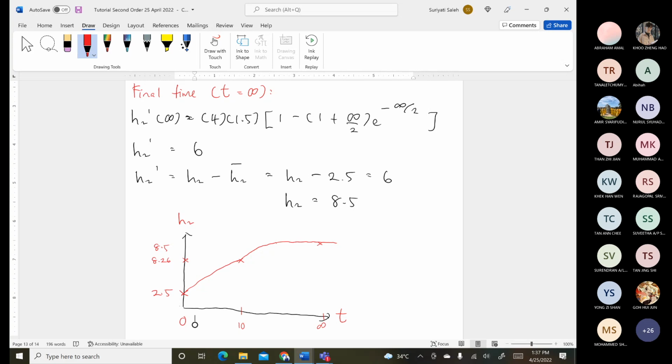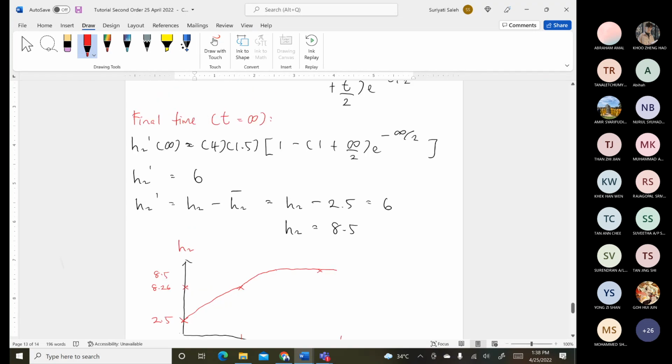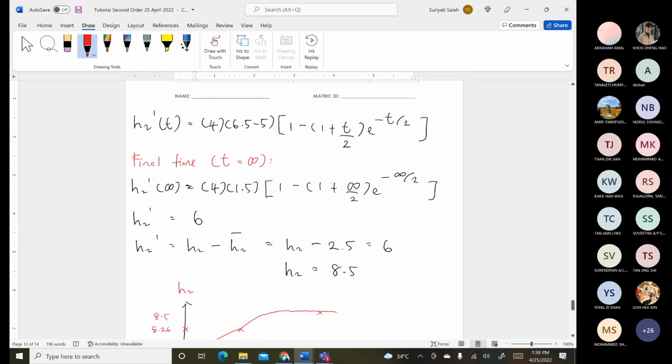So for this question, since tau 1 and tau 2 are equal, it automatically falls under critically damped. Or if we recalculate it, the damping coefficient equals 1. Once we select the category, we can obtain the form of inverse Laplace, and based on this inverse Laplace, we get the answer: the height at time equal to 10 seconds and the final time.